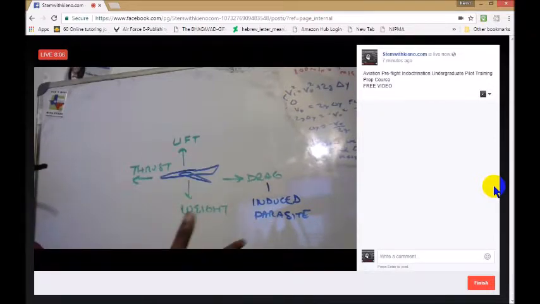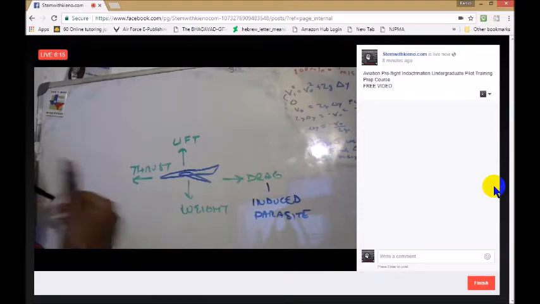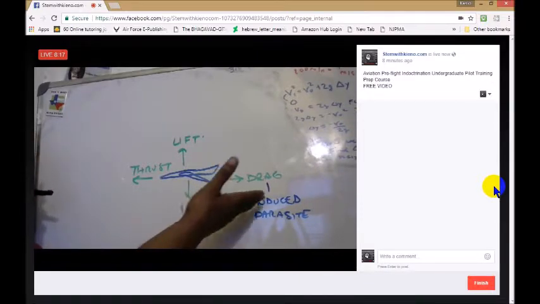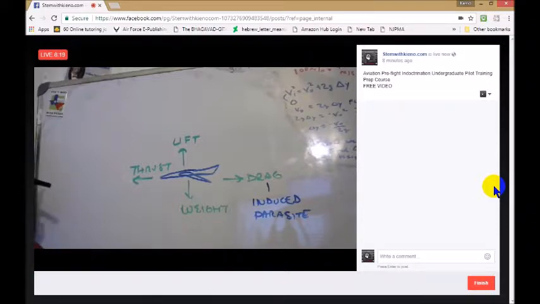Just because we're generating lift, we're going to have some drag happen. It's a byproduct of lift. So just the fact that we are producing lift, we're going to have induced drag. The second one is parasite drag. Parasite drag is caused by having things protrude into the relative wind. And again, I'm using terms that you need to look at in video 1 and video 2, which can be found on YouTube.